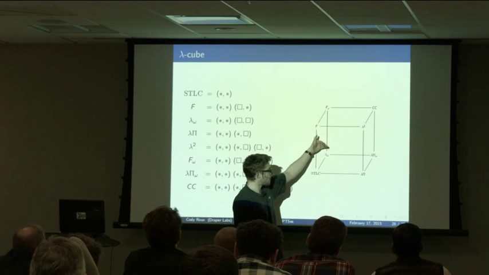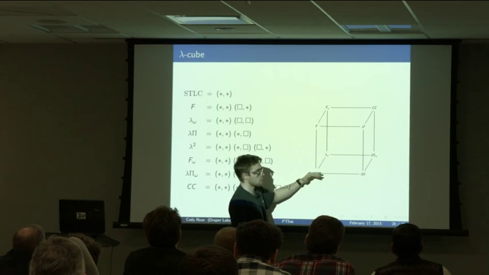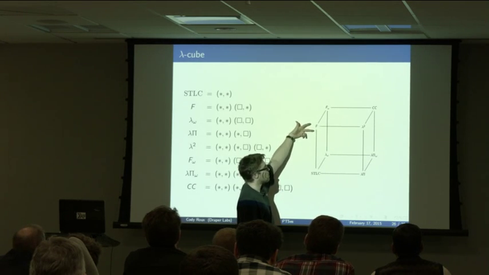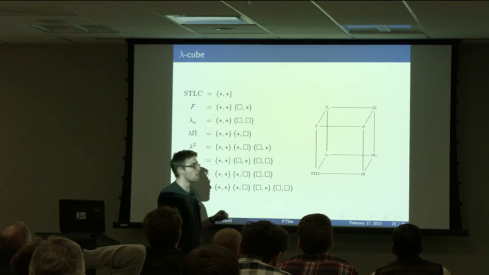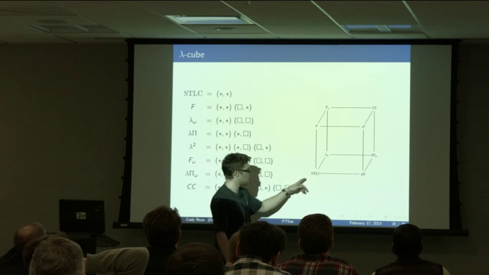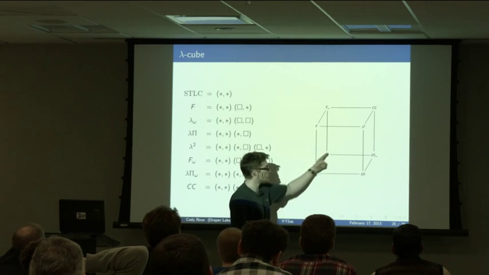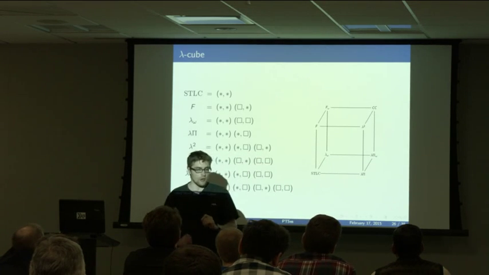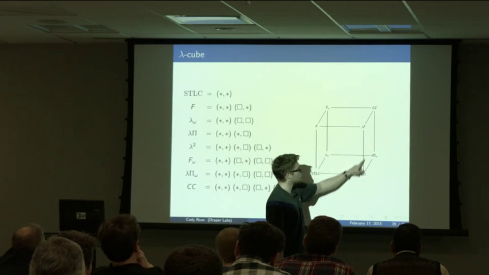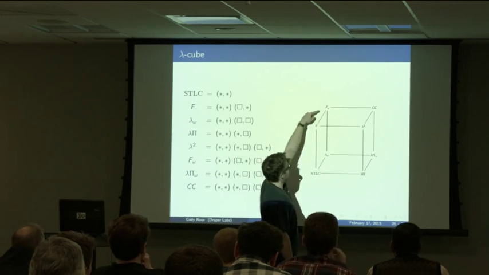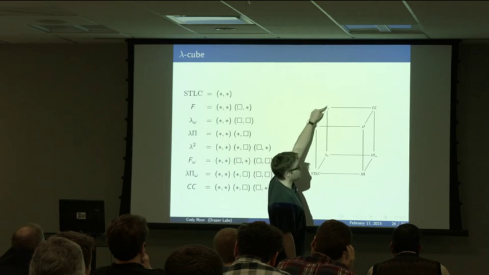Or you can go this way and basically add an omega. Or you can go this way and add an f. So the names themselves aren't important. What's important is that each direction adds a new feature. And then, for example, this one is this feature plus this feature. And this one is this feature plus this feature.